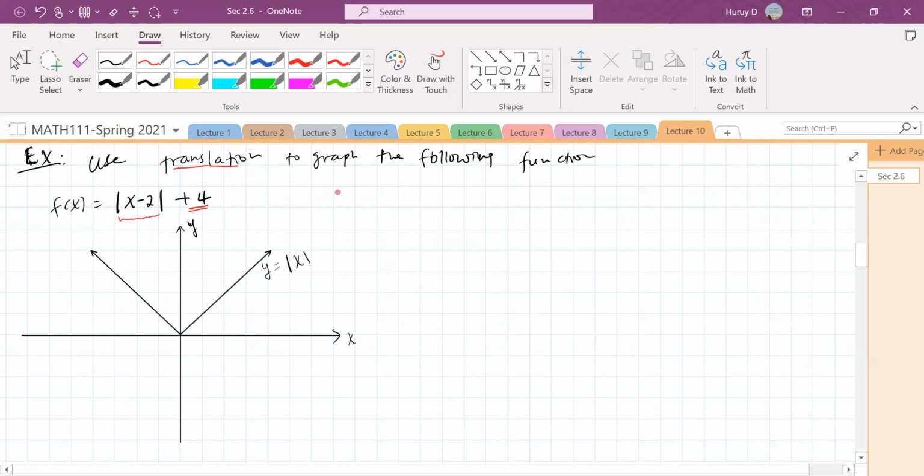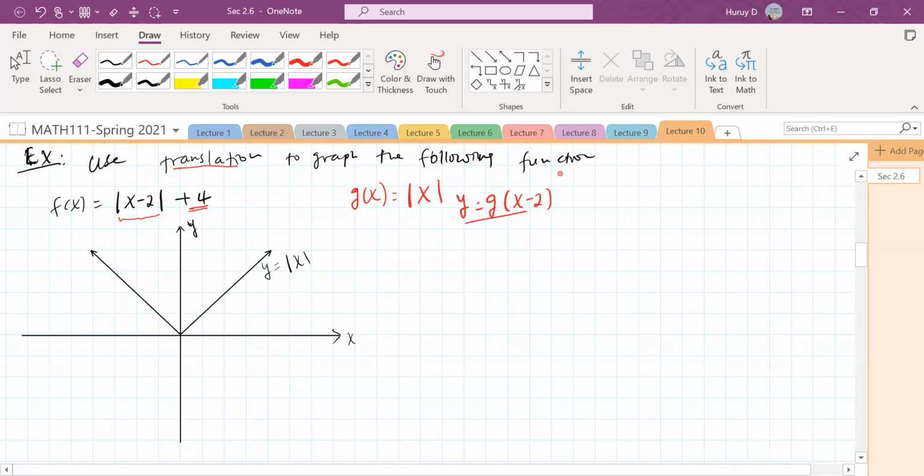So for the horizontal translation, what is our parent function now? Let me use a different function, g of x equals the absolute value of x. Here we have the graph of the parent function, the graph of the absolute value of x. Then to plot the graph of this one, what is g of x minus 2? We need to plot the graph of y equals g of x minus 2.